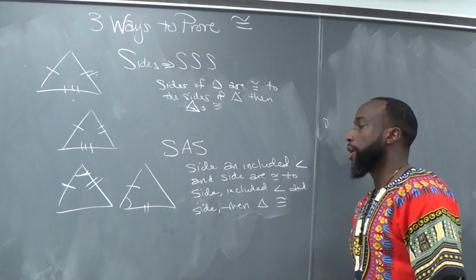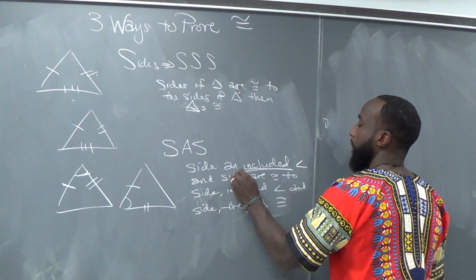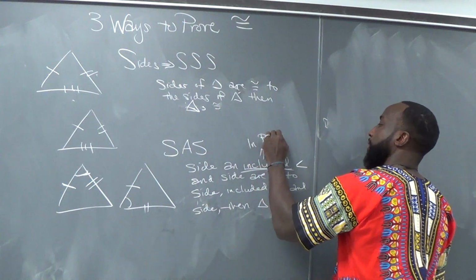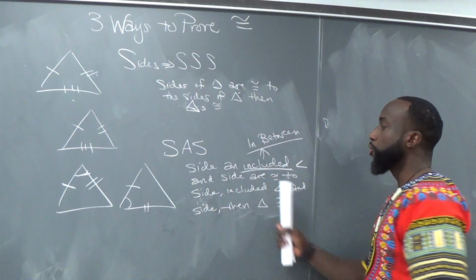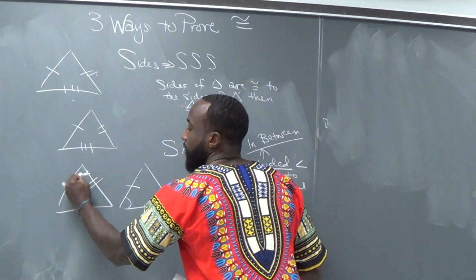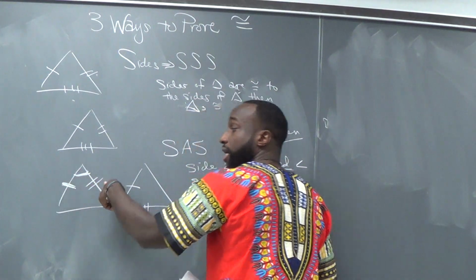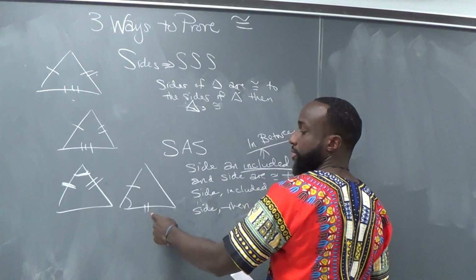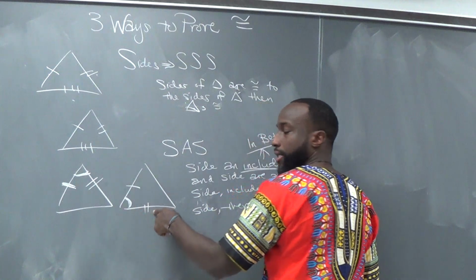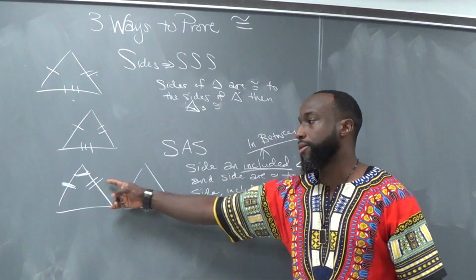The word included means in between. So you have this side, and the angle that's in between the other set of congruent sides.